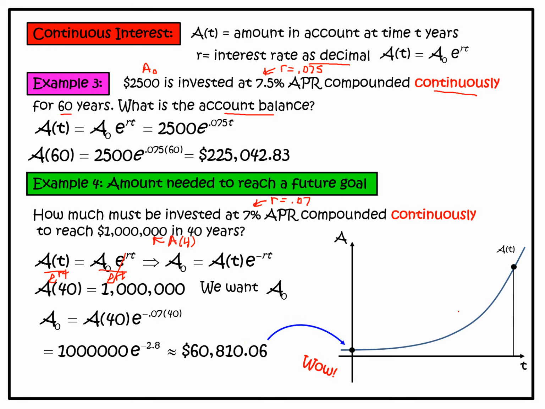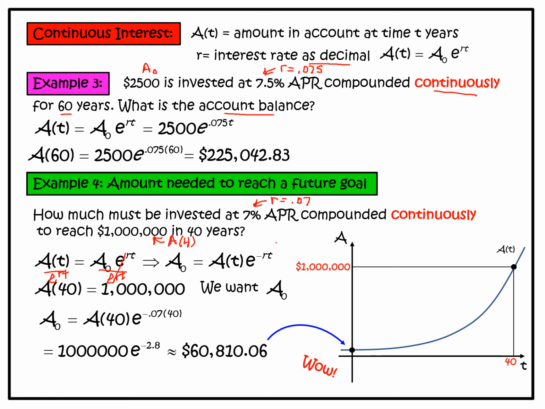And then it's going to grow. And out here at time 40, it's up at $1 million. Okay, so the longer you leave the money in, the faster it grows. So when you get into the steep part of the exponential curve, that's when you're earning a lot of money, and that's where you want to get as quick as you can. And it comes by starting early. So you want to start to save early for retirement.